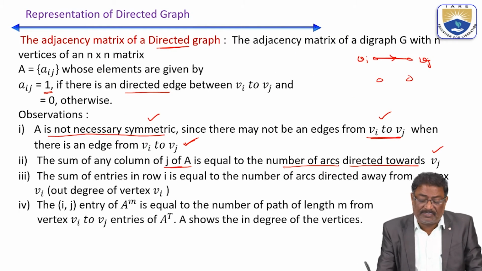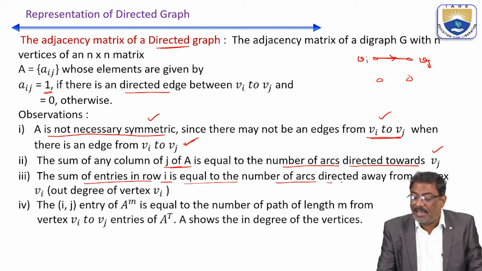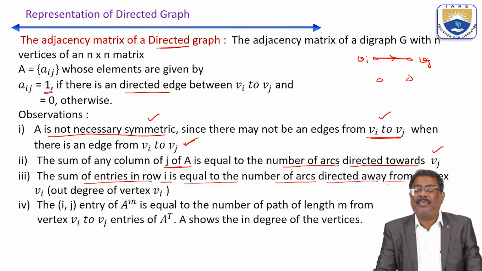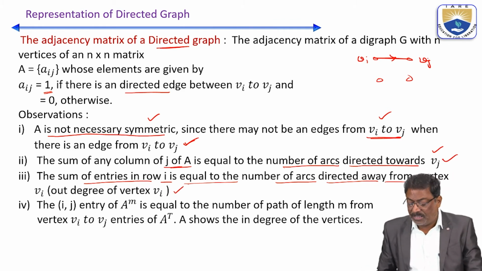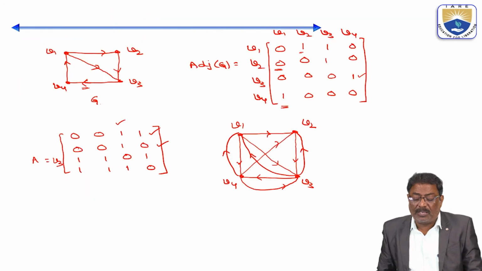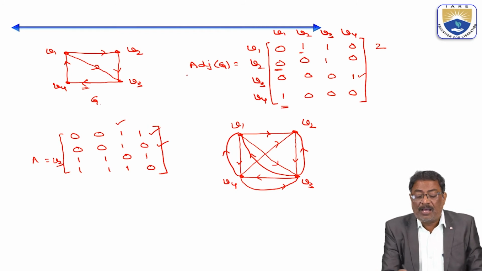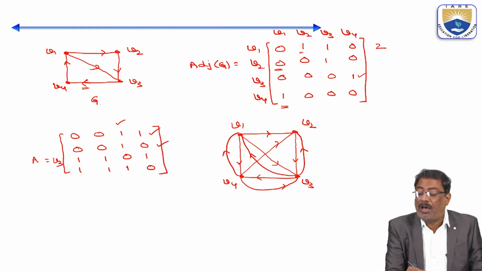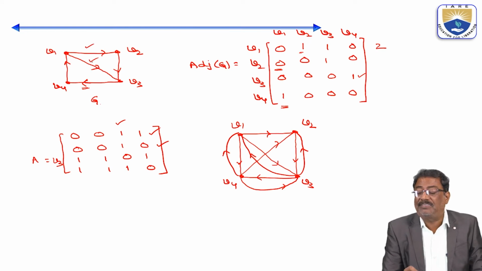And the sum of the entries in the ith row is equal to the number of arcs directed away from that vertex. Here we discussed columns, and this is row wise. If I consider the sum of the first row, it is 2, so two directed edges are moving away from that vertex: this is one edge and this is another edge.